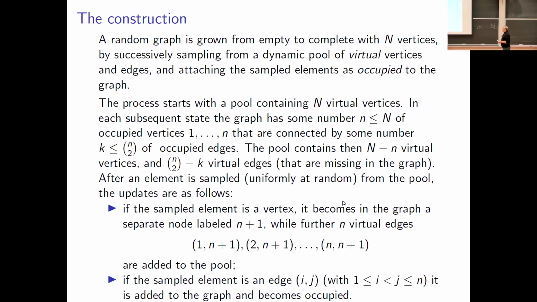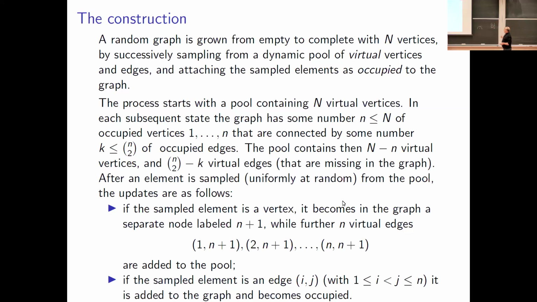So on each stage we get a graph and call this graph Gn. Starting from N virtual vertices, each subsequent state is a graph with some number little n of occupied vertices. They're connected by some number k of occupied edges.